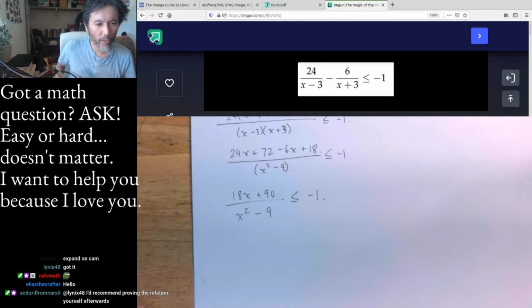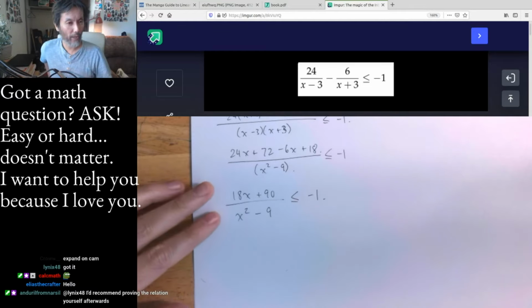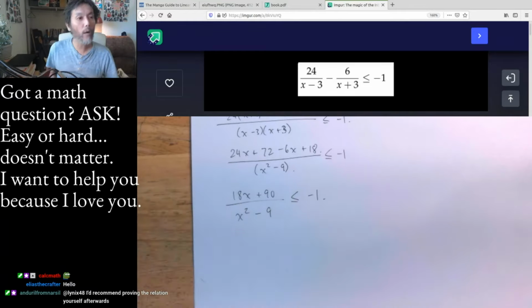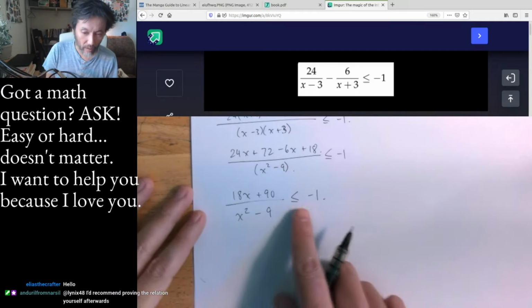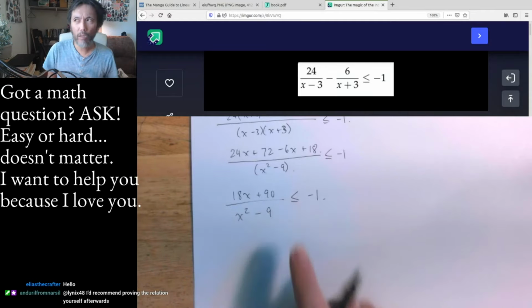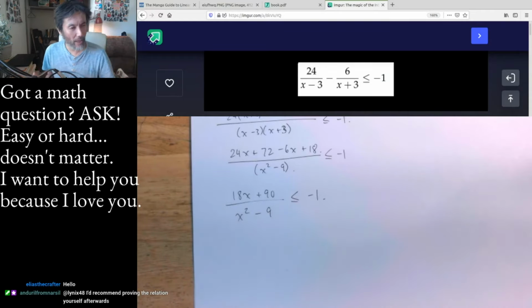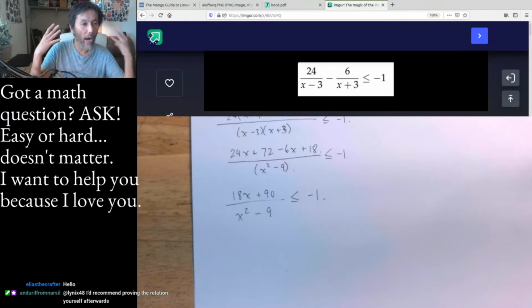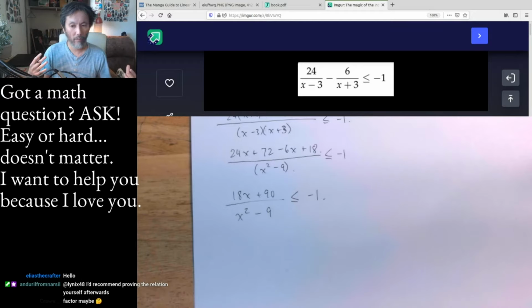What is the best way of going about figuring out when? So now we're going to deal with the inequality that we see. I don't know if there's some systematic way of doing this, but I know how I would attack this problem.